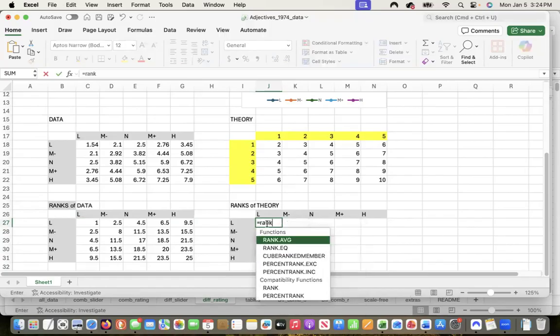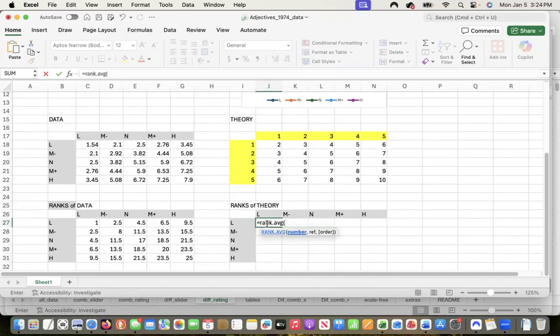Equals rank.avg of the number that we want, but now it's relative to the matrix from J18 to N22, from $J$18 to $N$22.